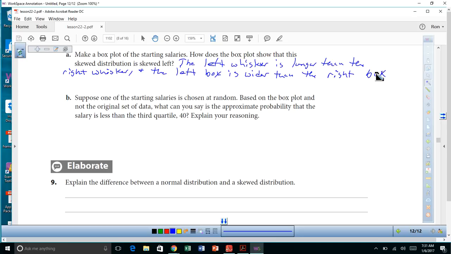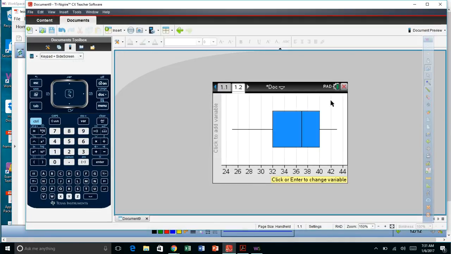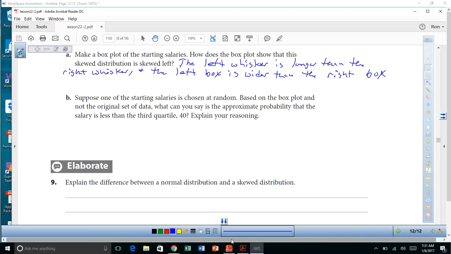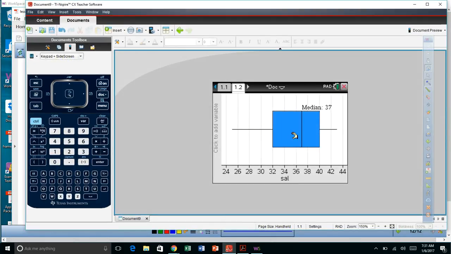Suppose one of the starting salaries is chosen at random based on the box plot and not the original set of data. What can you say is the approximate probability that the salary is less than the third quartile, 40? So the third quartile, 40. It's less than this. Explain your reasoning. All right. Remember, this is 25% of the data.